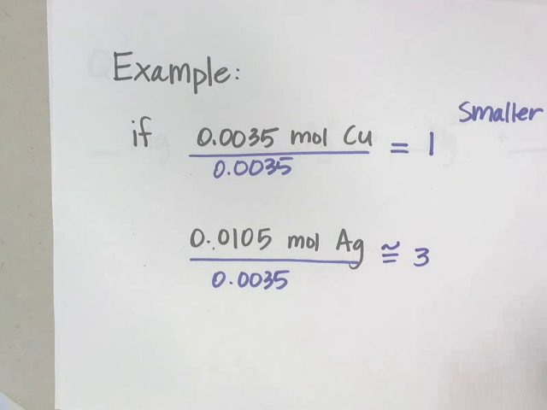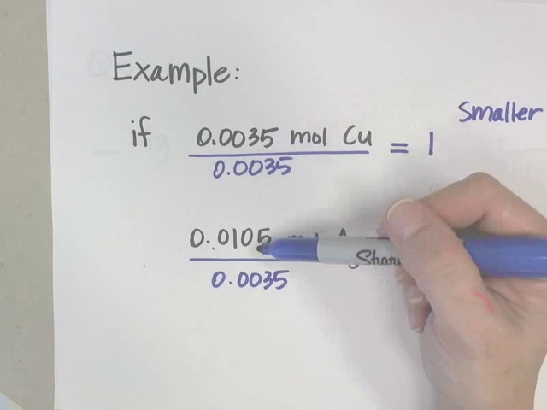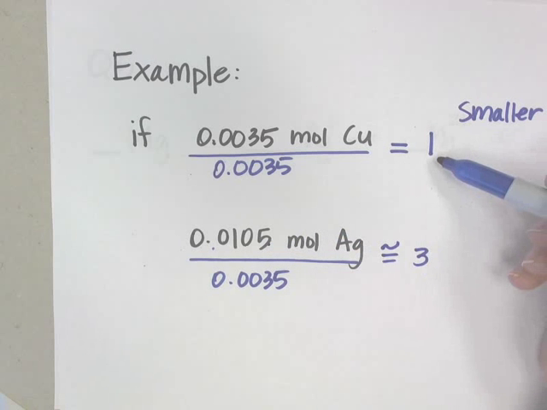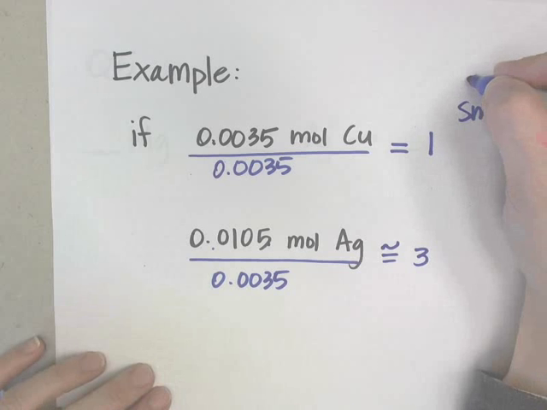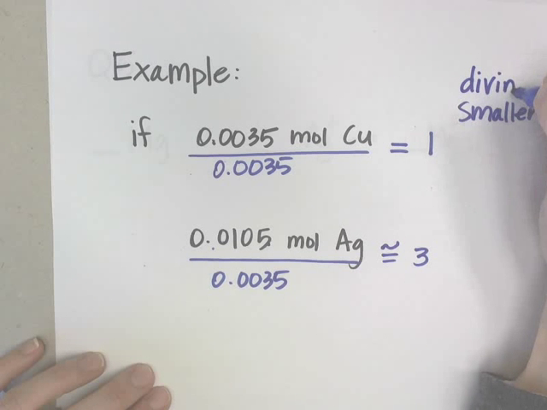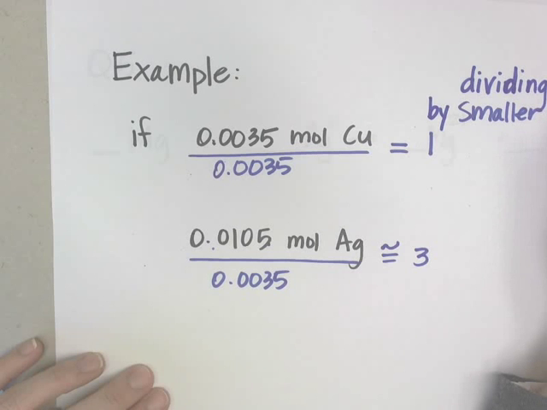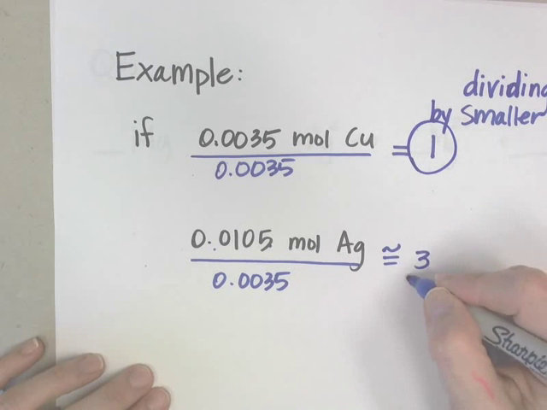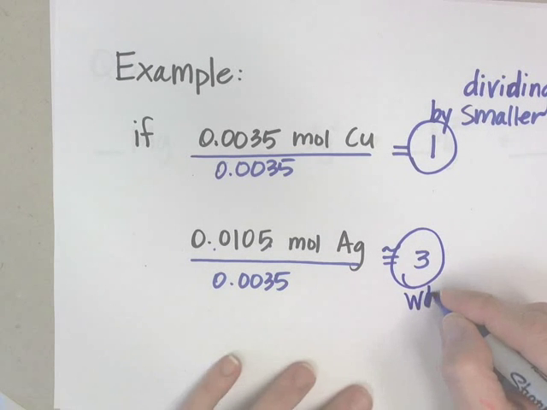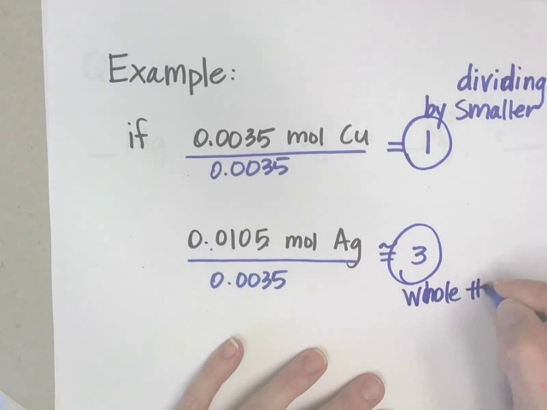So what I've done is taken 2 fractional coefficients and converted them to whole number coefficients by dividing both by the smaller value. These now become my whole number mole ratio.